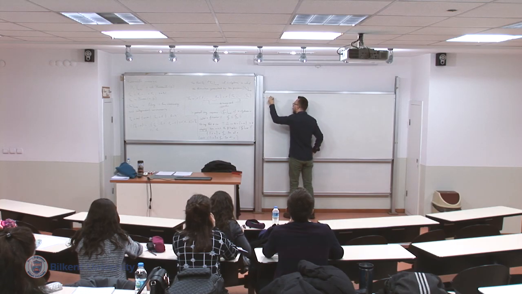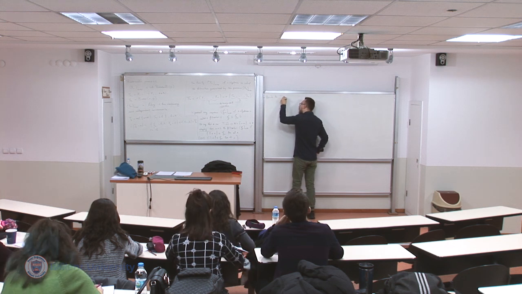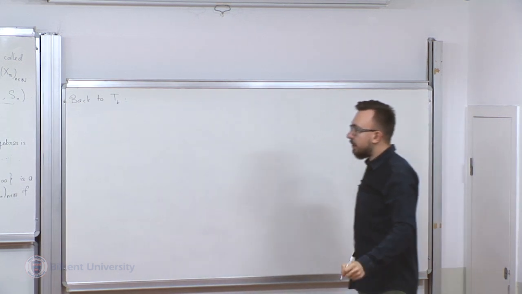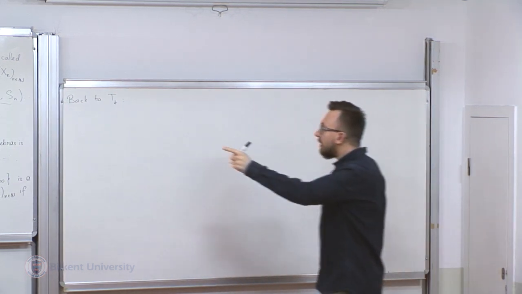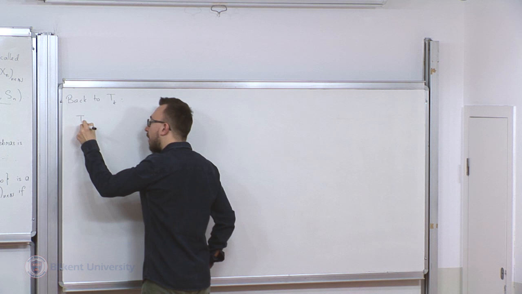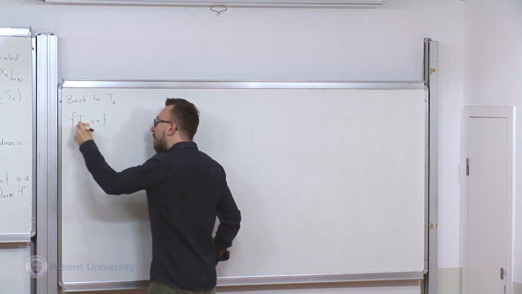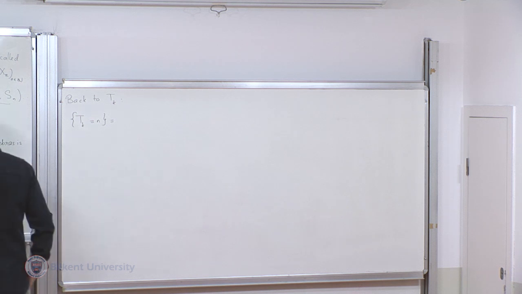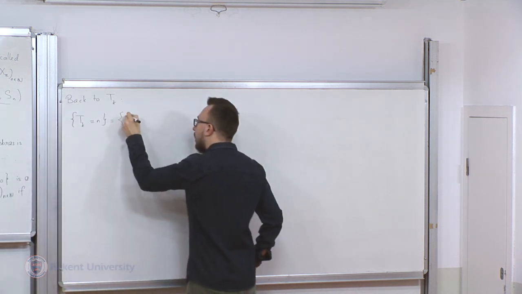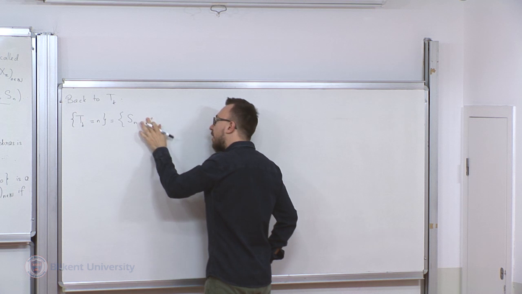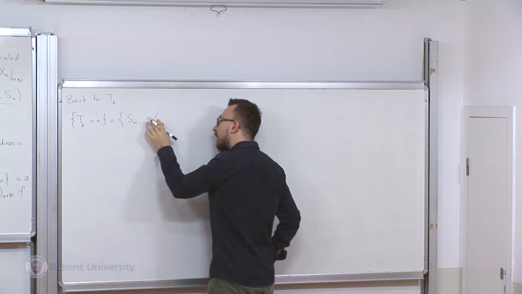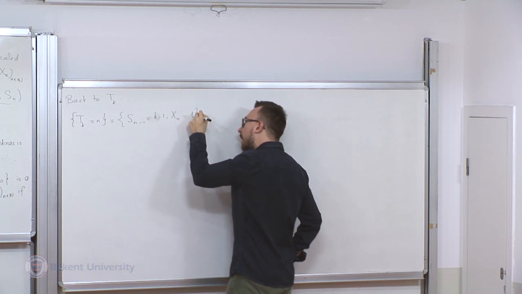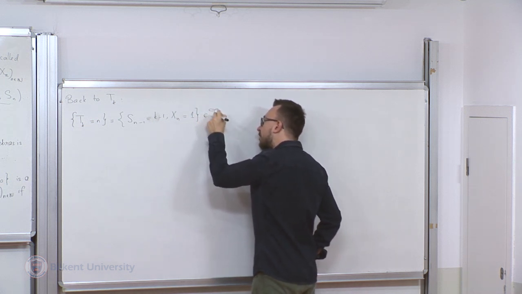So back to Tk, the reason I'm talking about this is as follows. This Tk is a stopping time, because we wrote that this is Fn measurable, right? This is determined in terms of Sn minus 1 and Xn, and this is Fn measurable.